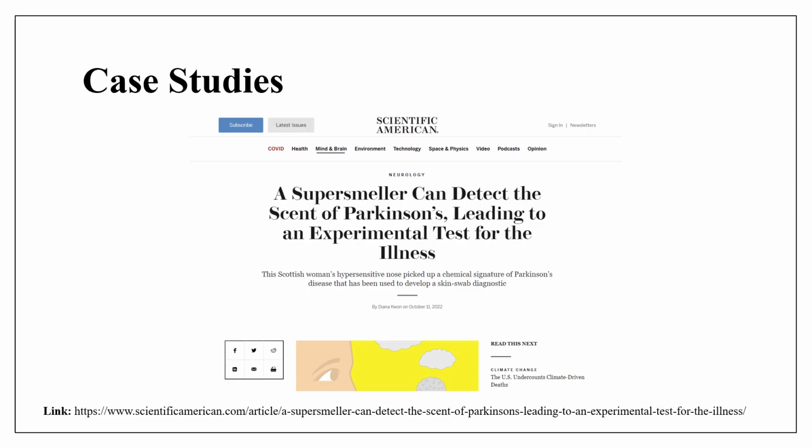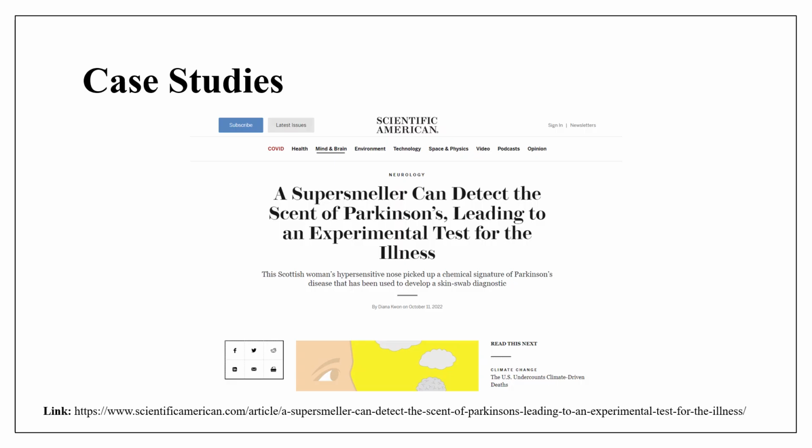So, of course, as he's getting treatments, she starts noticing that when she's around other people that have Parkinson's, she smells that smell that she first recognized in her husband. And someone gets a hold of this information and they start working with her and doing experiments with her specifically. She's the only participant in this case.